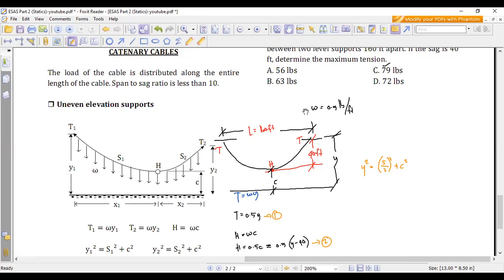We'll write it down: Y square is S over 2 squared plus C square. C is Y minus 40, such that we can calculate Y.